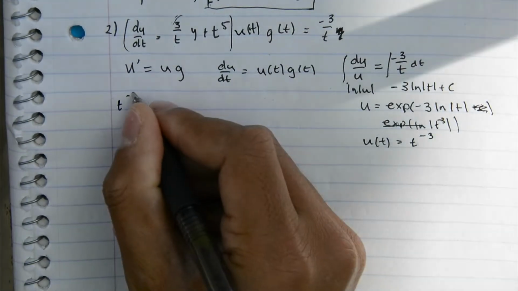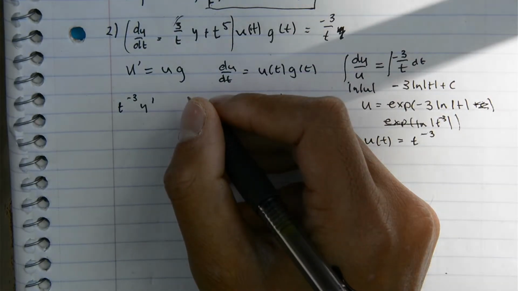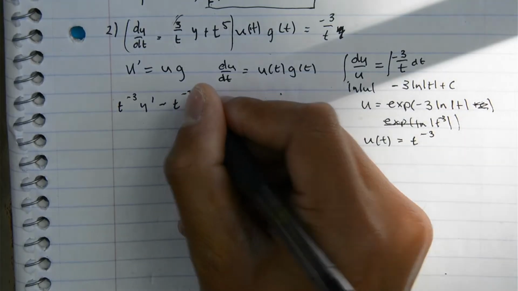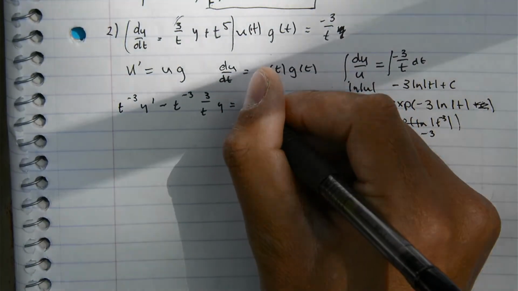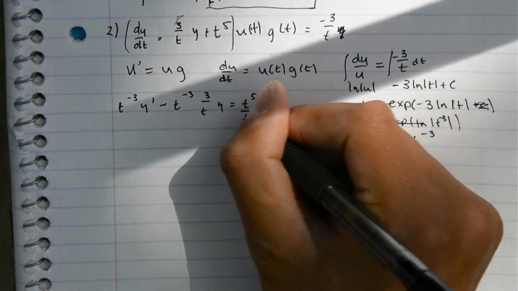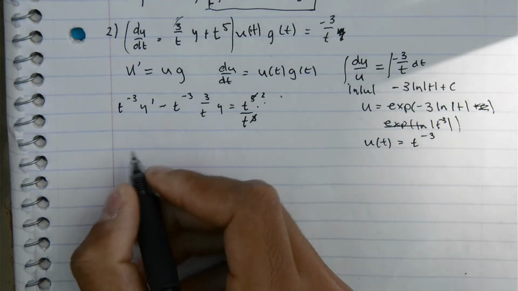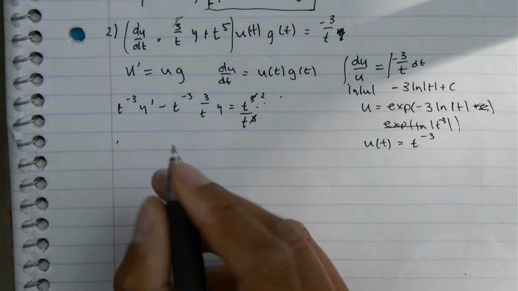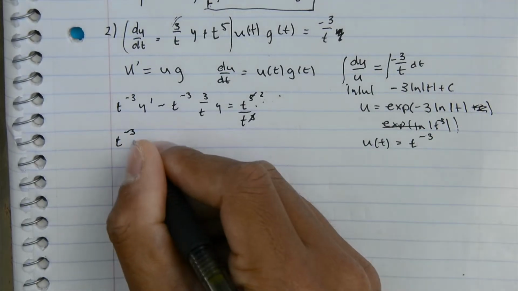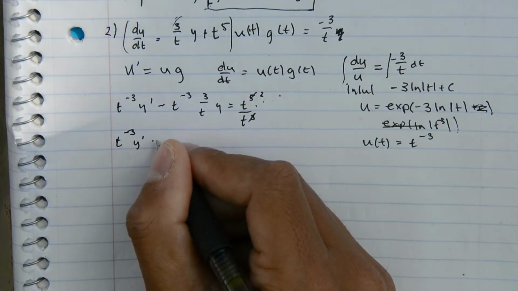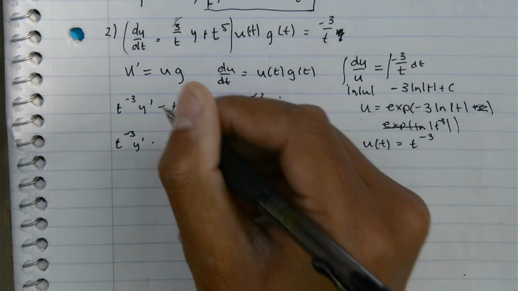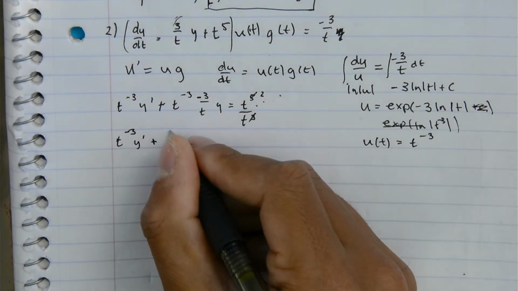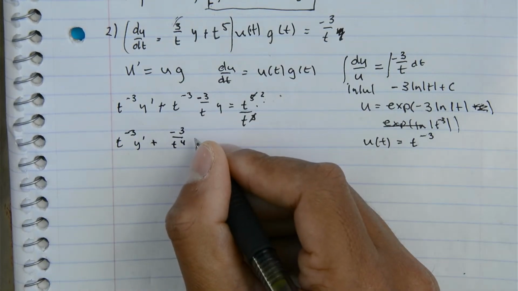We're going to get t to the minus 3 y prime minus t to the minus 3 times 3 over t y is equal to, anyways, we're going to get plus minus 3 over t to the 4th y.